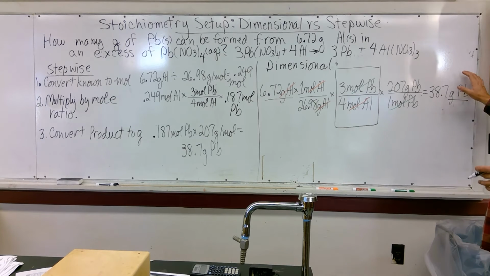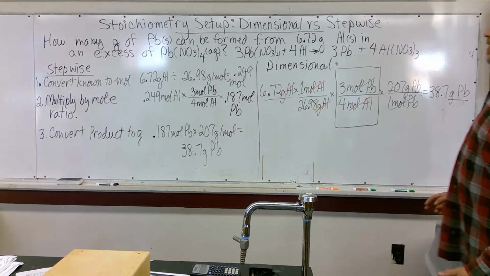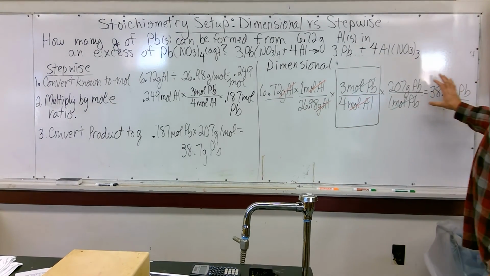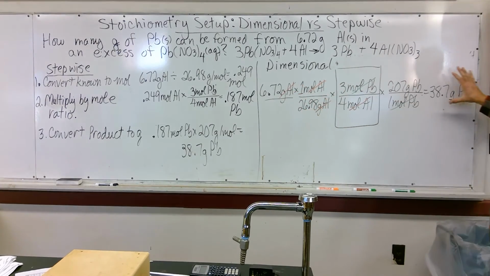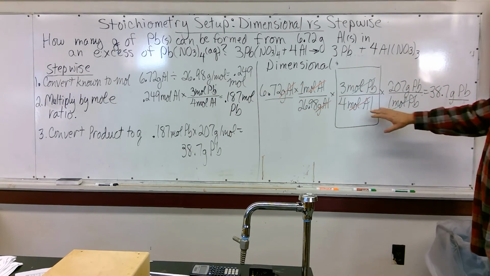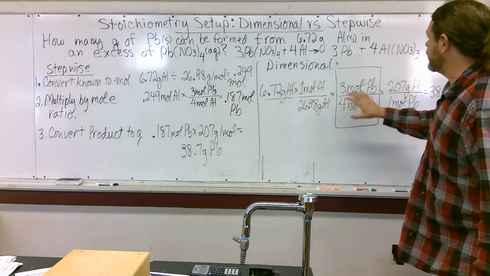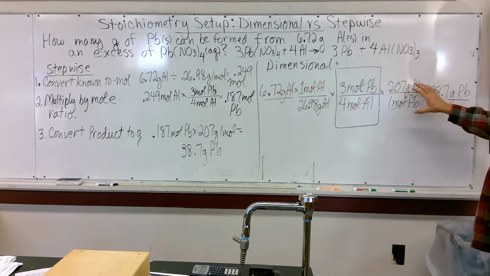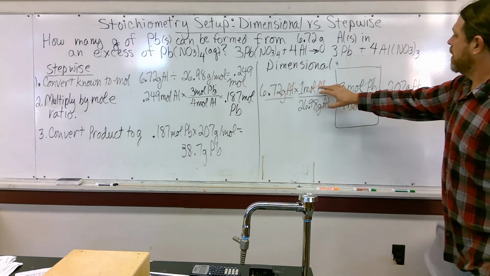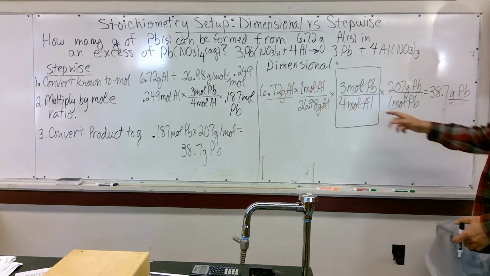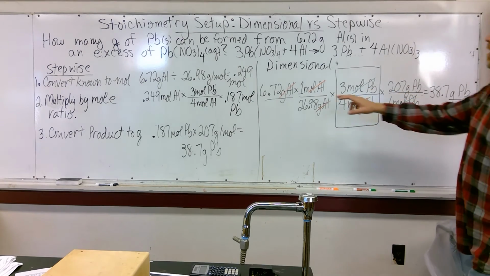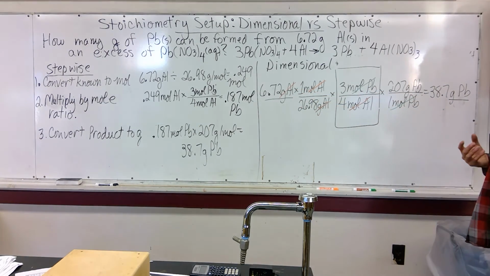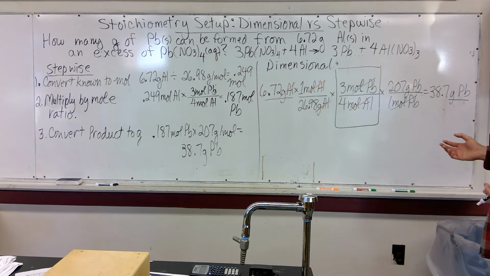So the dimensional method, while looking cumbersome, really takes no more time than the stepwise version does, and by arranging it in this visual one-shot approach, we can look and see the relationships that are going on here between the values of moles of aluminum, moles of lead, grams of aluminum, and verify whether we've arranged our problem correctly.